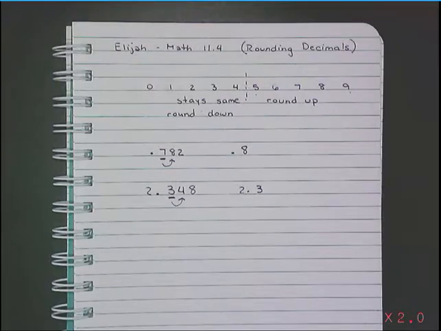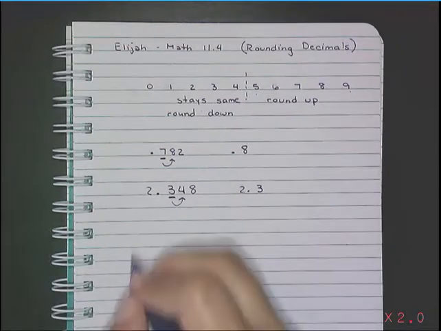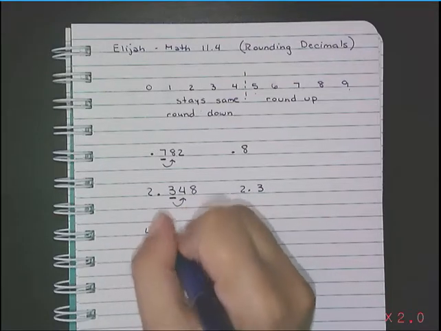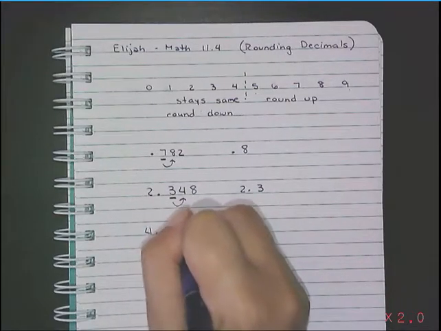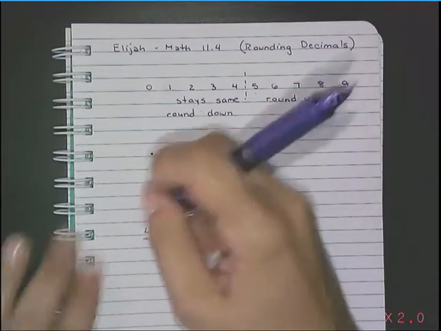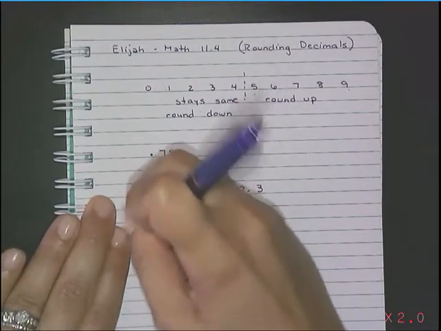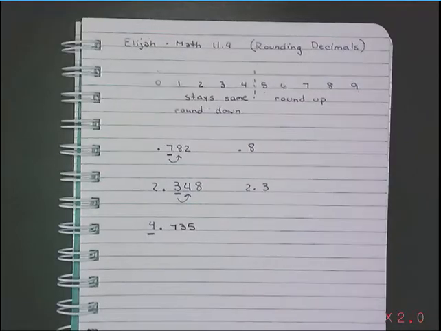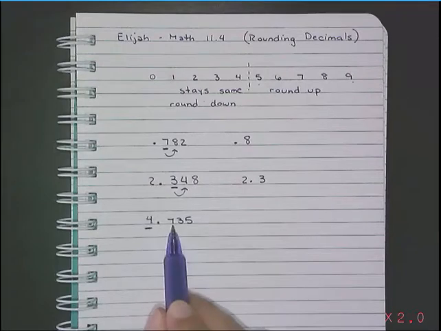Now, sometimes they're going to ask us to round to the nearest whole number, which is 4. Even though there's a decimal place between that and the number to the right, it doesn't matter.